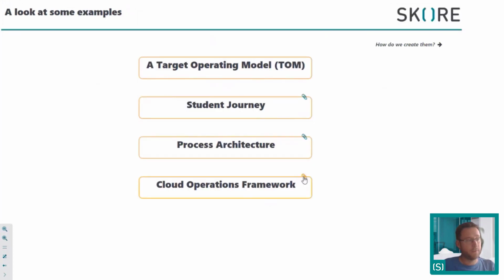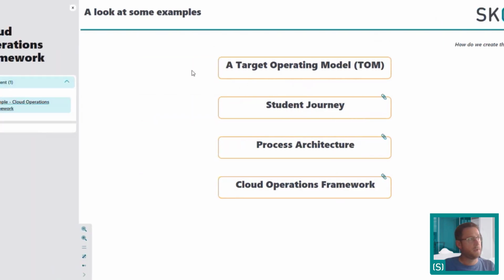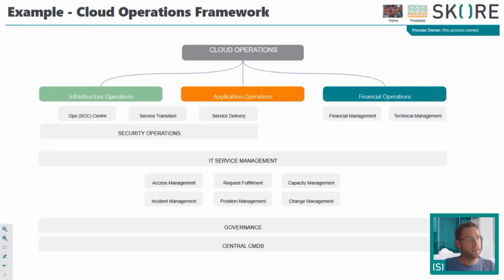Just to show you another variation of it, we worked with a large company where they're looking at a cloud operations framework, which is quite an interesting example. So we can just show you what happens here. It's breaking it down to all those components where you run a whole cloud operations framework. It's not the top level of the business as such, but the top level of your IT operations.